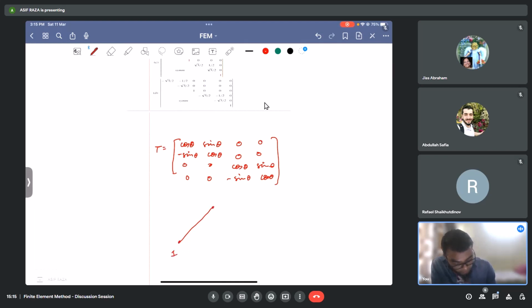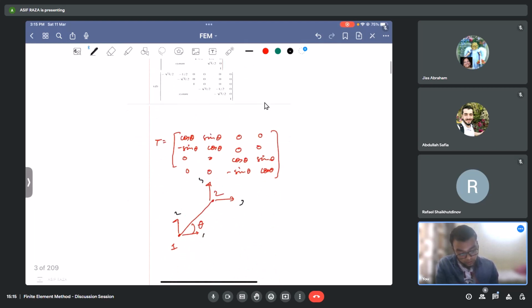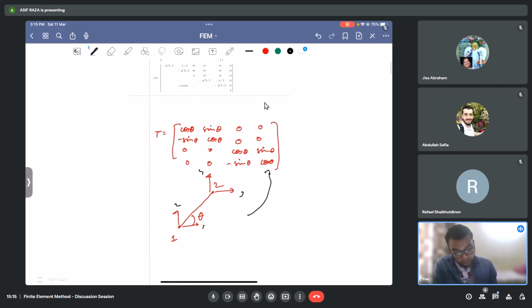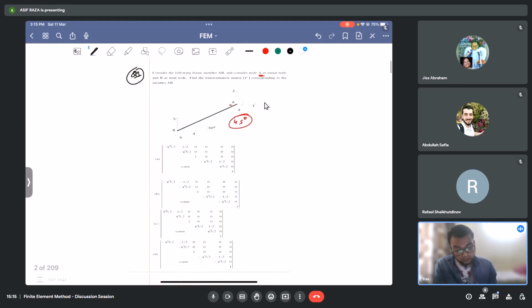This is for degrees of freedom 1 2, and this is 1 2, this is theta here. So 1 2 3 4. For that we get the transformation matrix as this.